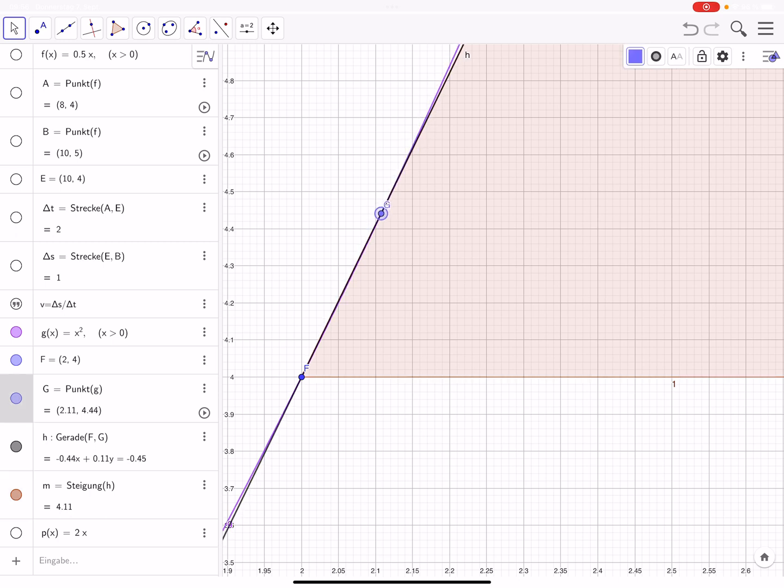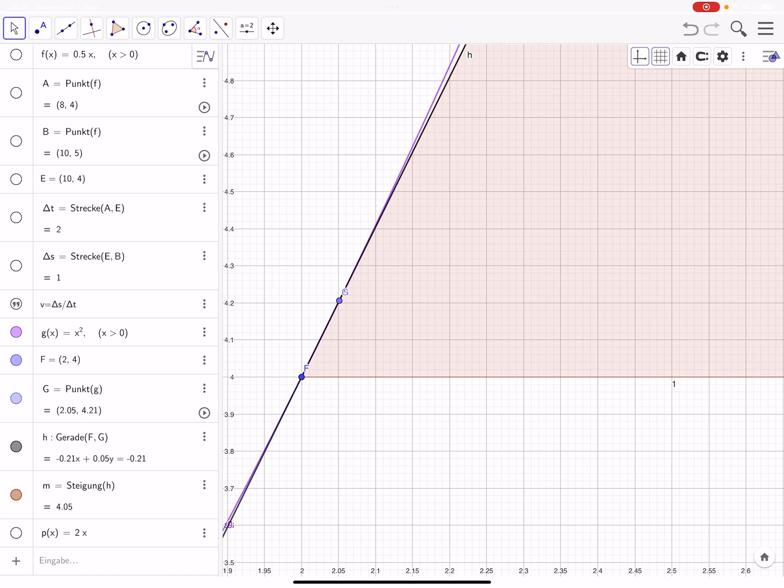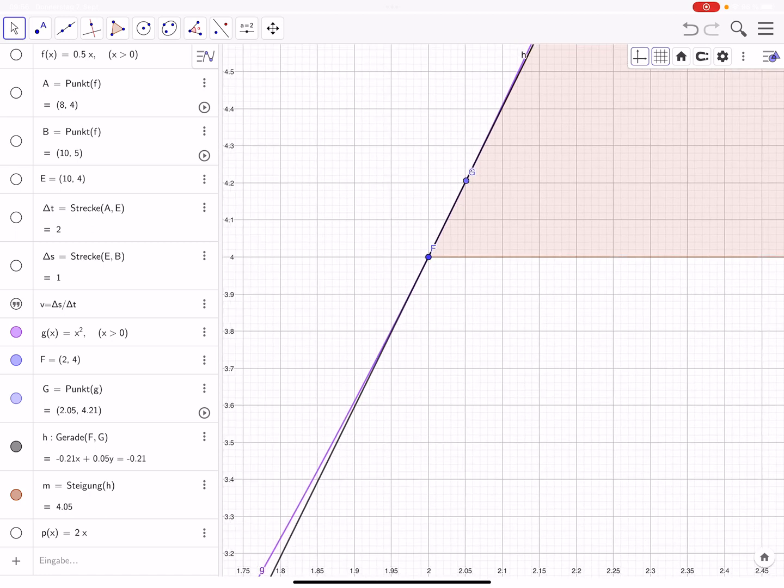And we see that the average speed is now decreasing because we are moving point G more and more towards point F. So the time interval between the 2 points that we measure is becoming smaller. And that means that the measurement of the velocity becomes more accurate.